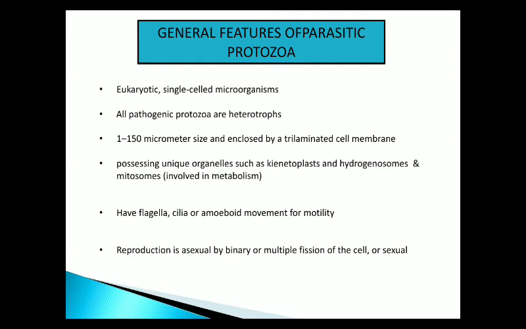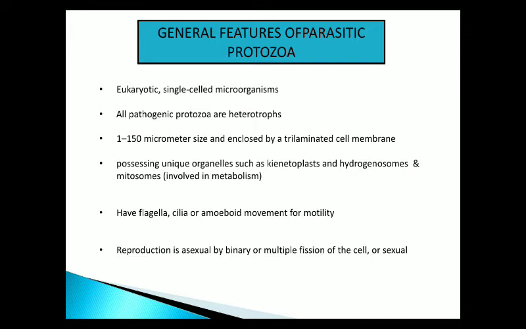So, we will discuss in this slide some general features of parasitic protozoa. Protozoa are eukaryotic single-celled microorganisms. All pathogenic protozoa are heterotrophs. Obviously, they show parasitism, so they must be heterotrophs. That means they are dependent on their host cells.